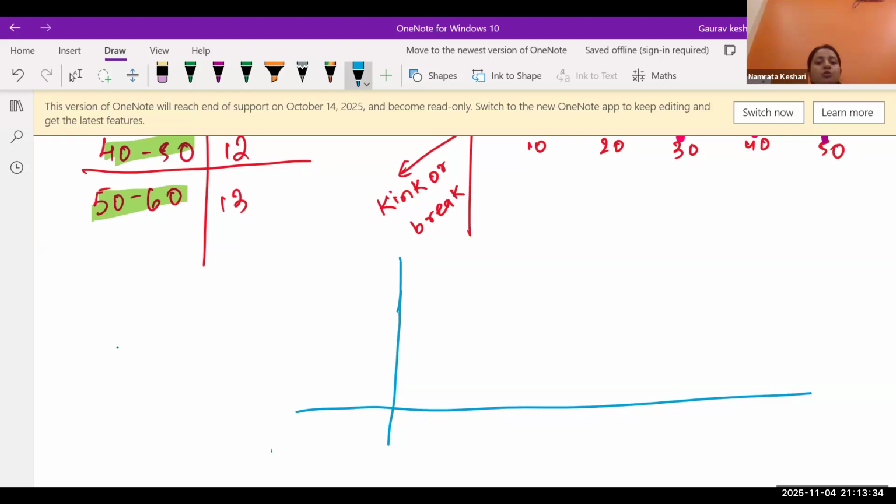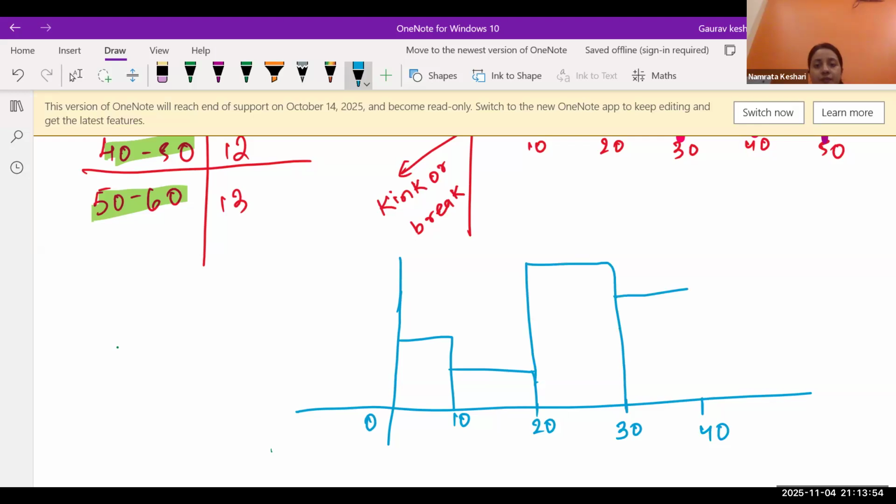Suppose you are having a histogram like this: 0 to 10, 10 to 20, 20 to 30, 30 to 40, and 40 to 50.